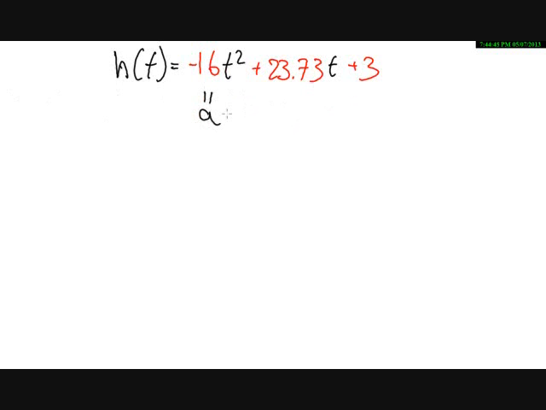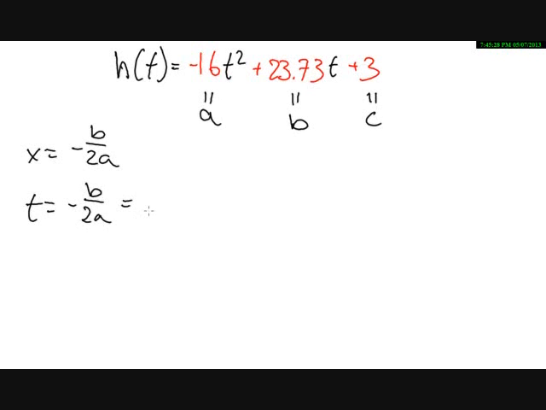So we know what our a is, our b, and our c. At this moment, you need to find the vertex, and the equation for it is x equals negative b over 2a. The only difference is, instead of x, we are using t because our x-axis represents the time. So we simply have t equals negative b over 2a.